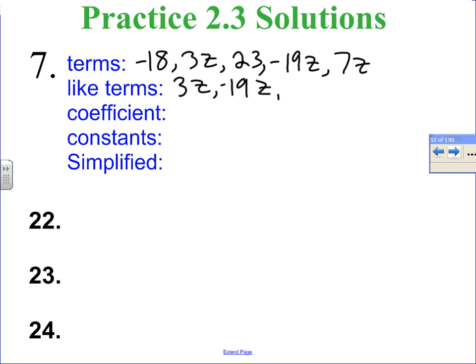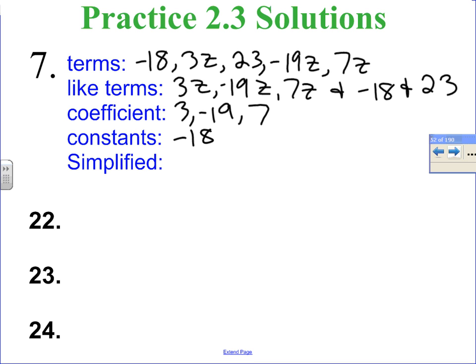Okay, keep going. Coefficients. Constants. Simplified expression. Awesome. Perfect. All right, Donatus, number 22.